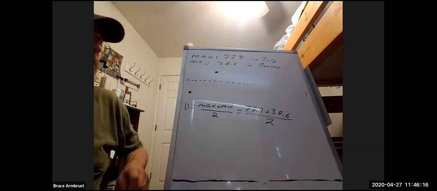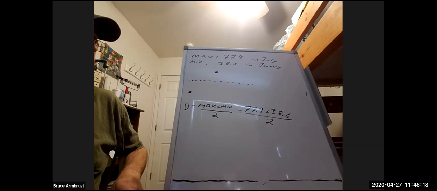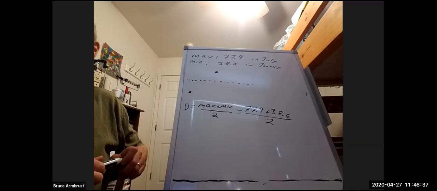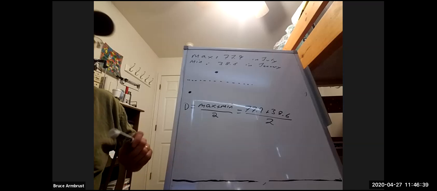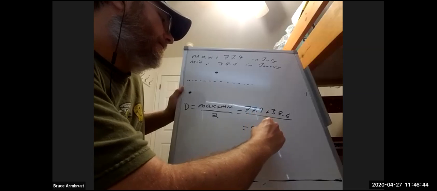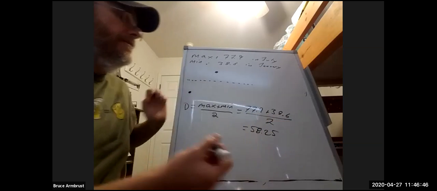So adding those things together, what do we get there? 116.5, I think. No, that's too much. No, that's right. Yeah, so 116.5, which then when we divide by 2, that gives us a value of 58.25.